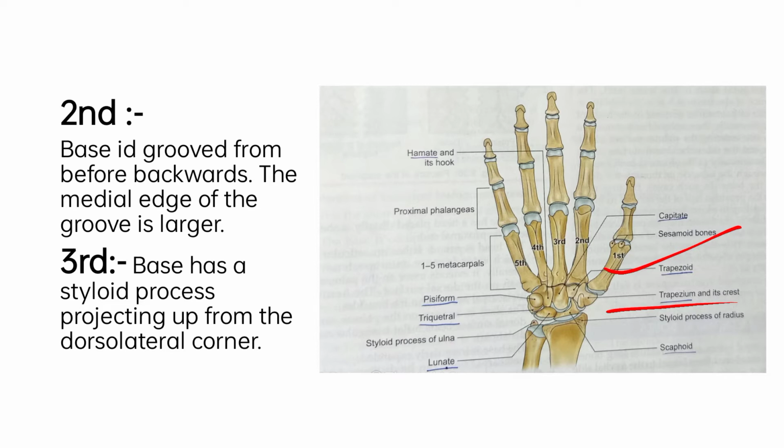As a result of this rotation, the movement of the thumb takes place at right angles to those of other digits.